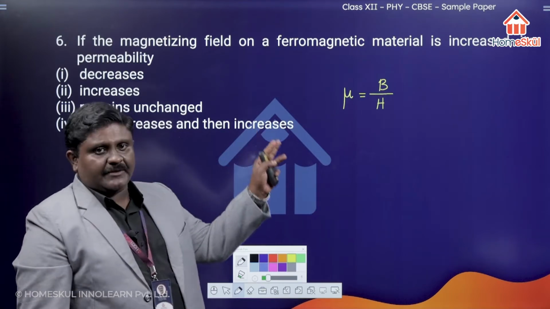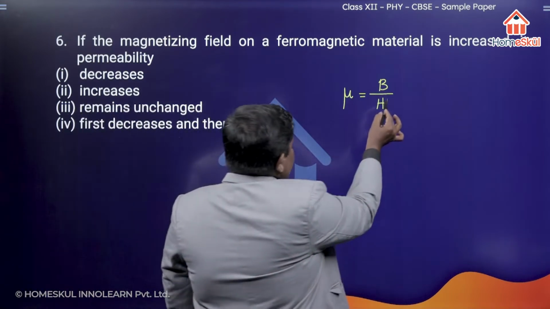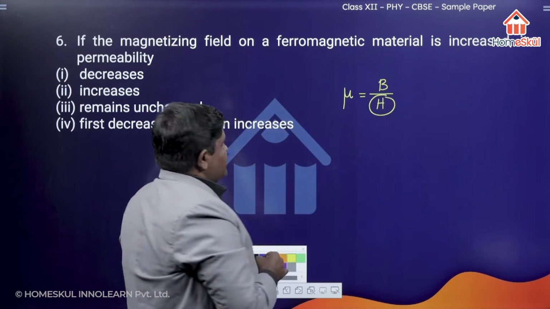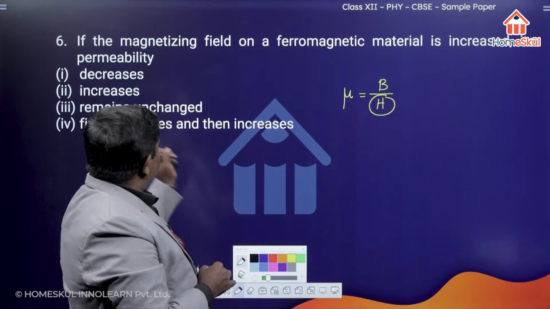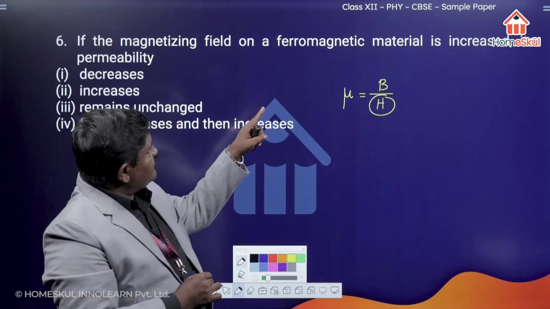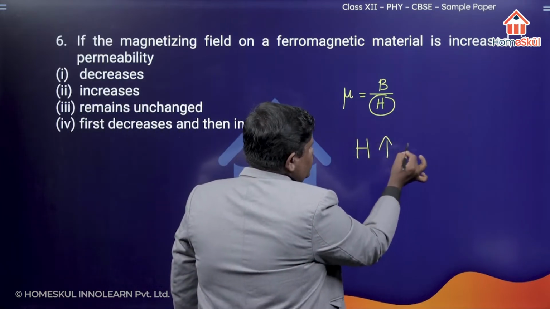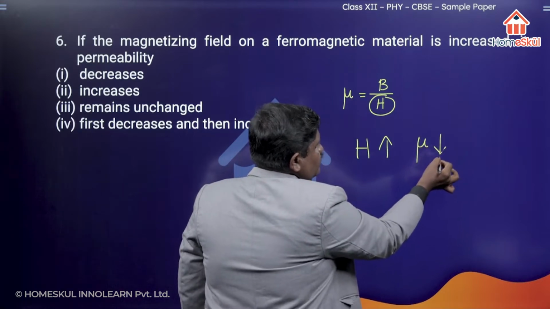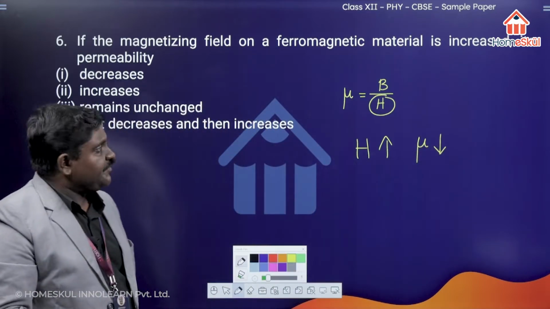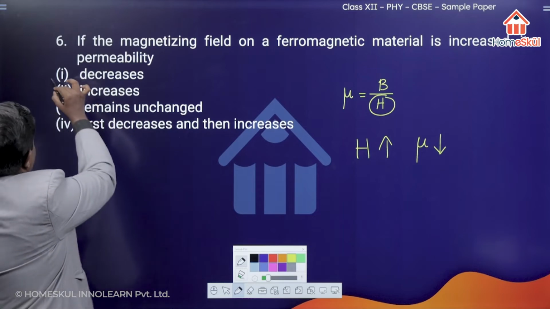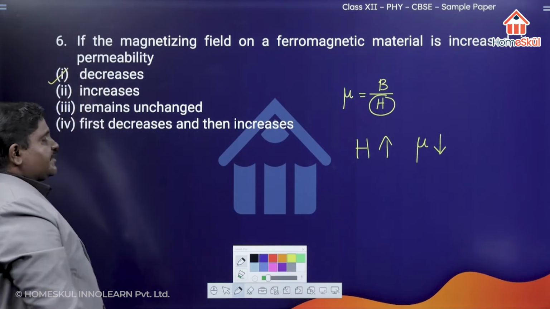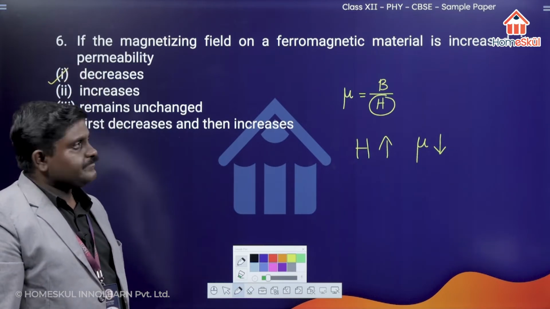Here, H is the magnetizing field. Carefully read the question. If the magnetizing field on the ferromagnetic material is increased, that means if H is increased, what happens to mu? Mu will be decreased, right? So here the first option is the correct one. Clear?